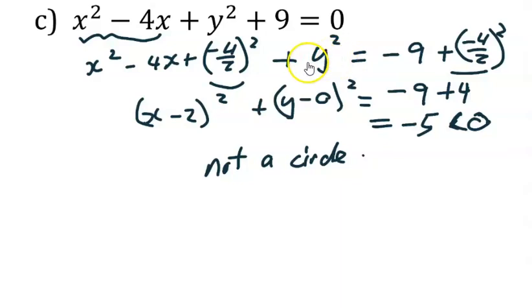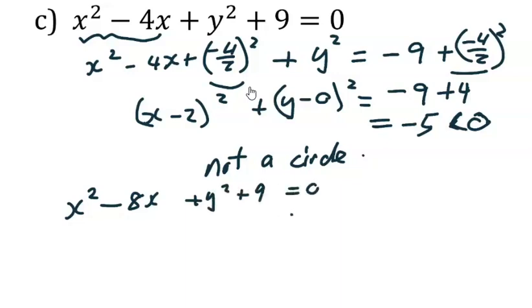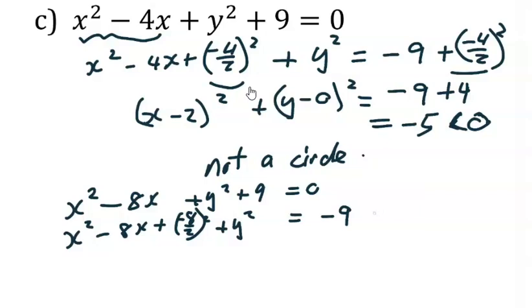And we could have done the −9 here and taken that over, but if I have the same situation, suppose I have x² − 8x + y² + 9 = 0, and I take the −9 there, then I cannot say the same thing, because if I now have (−8/2)² + y² equal to −9, then I must add (−8/2)².